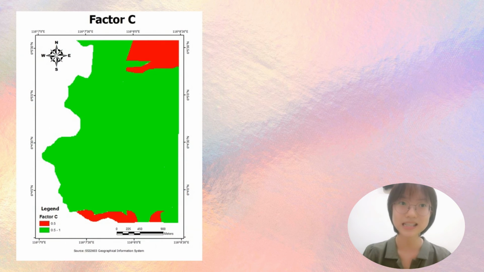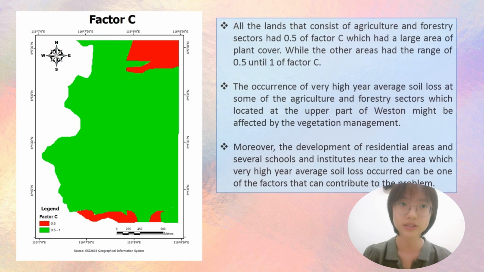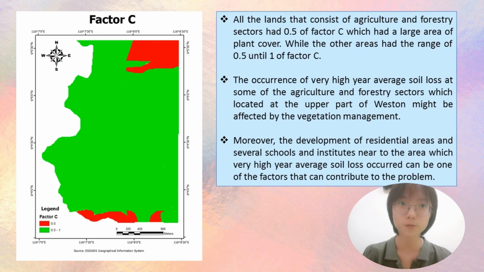Next is factor C. All the lands that consist of agriculture and forestry sectors had 0.5 of factor C, which means a large area of plant cover, while the other areas had a range of 0.5 to 1 of factor C. The occurrence of very high yearly average soil loss at some of the agriculture and forestry sectors, located at the upper part of Western, might be affected by vegetation management.